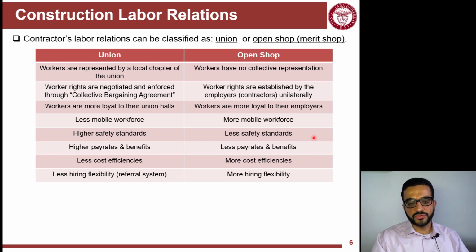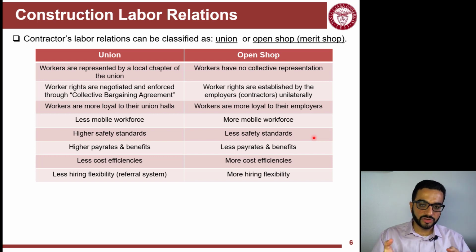In general, there is less flexibility because you have limitations here. It's only 15% of the industry that is union. Also, you cannot hire a worker just by having them come and work with you. You have to go to the union, and the union has a referral system, like a wait list. You have to go through the wait list and pick the worker you want to work with you.